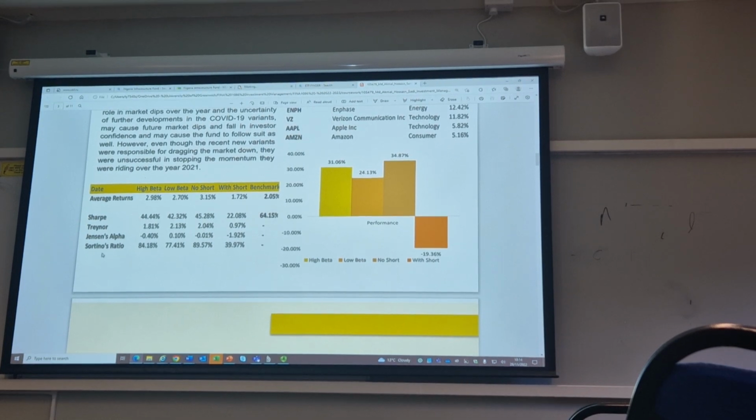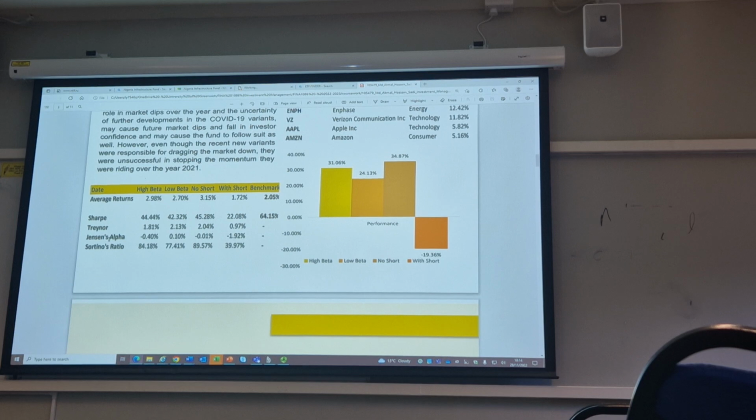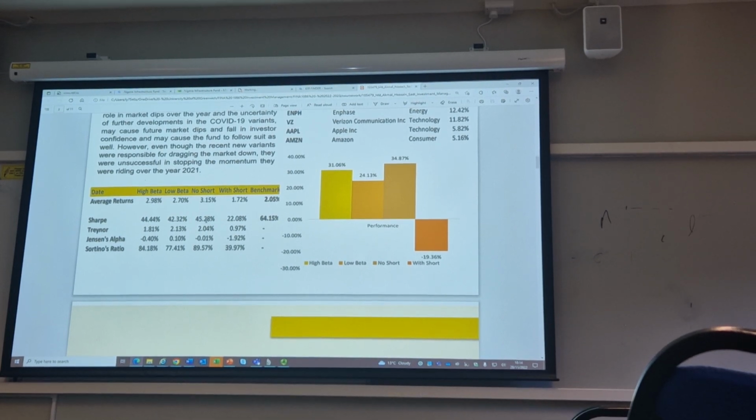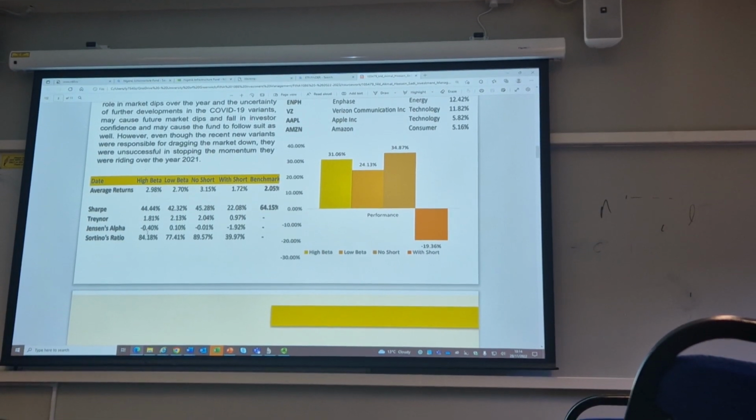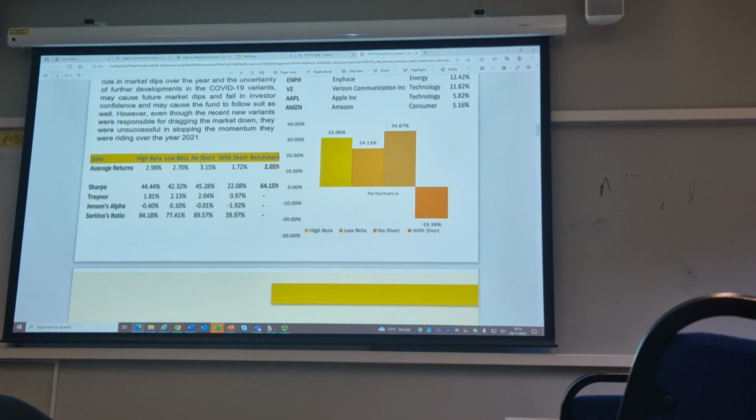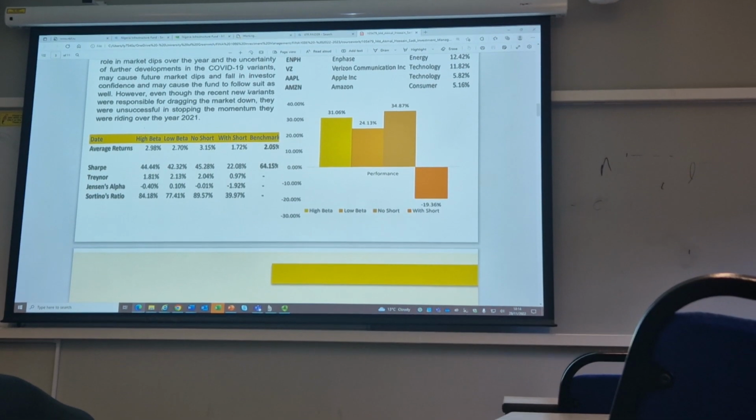This is what we will learn in the next lecture. These are the ratios that we need to show in the table, and compare with the benchmark. So this is the benchmark's performance.